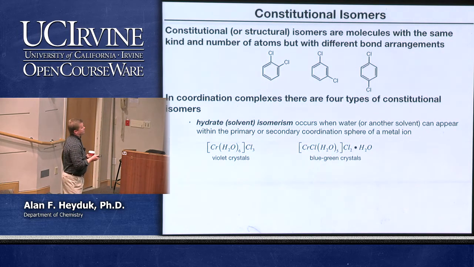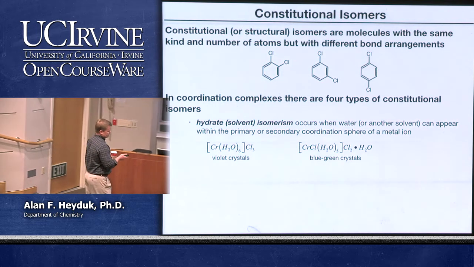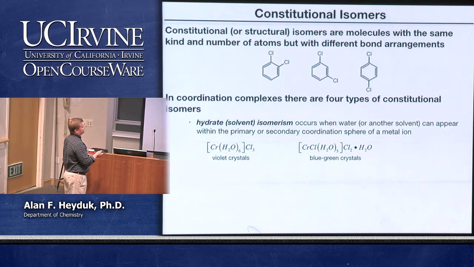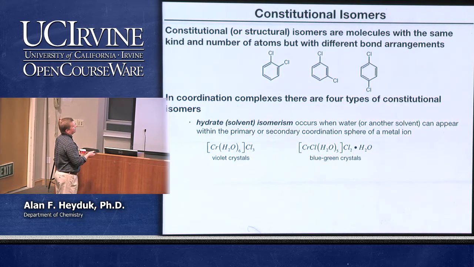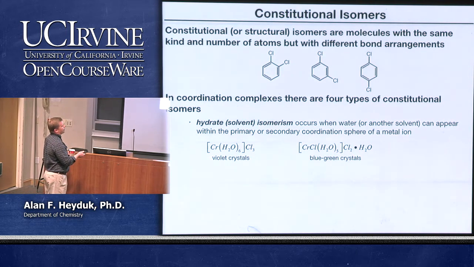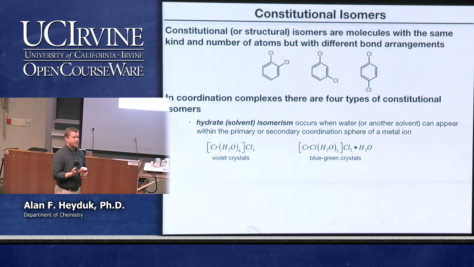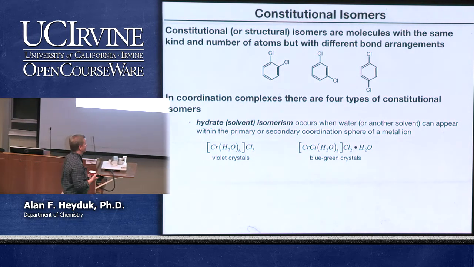Now you can take that and rearrange it so that you bring 1 chloride ligand into the primary coordination sphere of the chromium. You're left with 5 aqua ligands, 2 chloride counteranions, and then this water molecule sits in the secondary coordination sphere with the chloride anions. The color of the molecule changes from violet to blue-green.